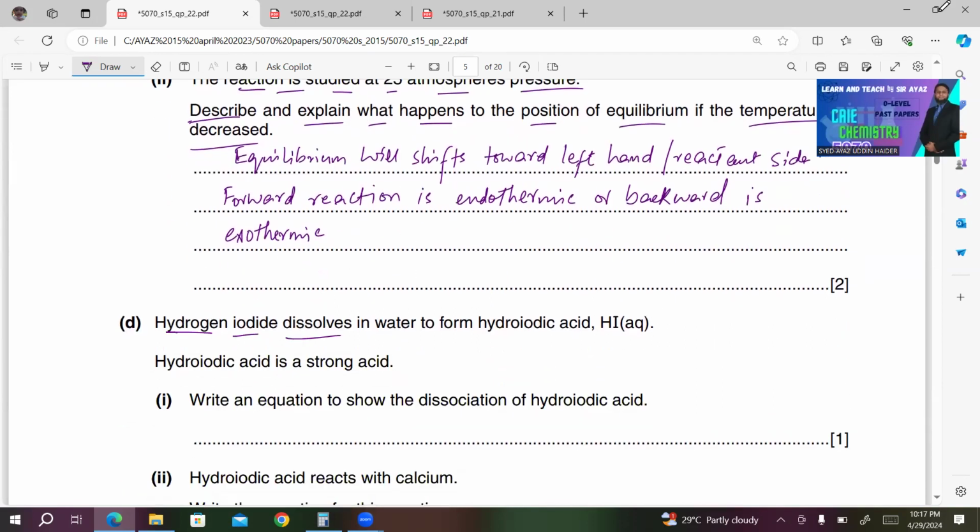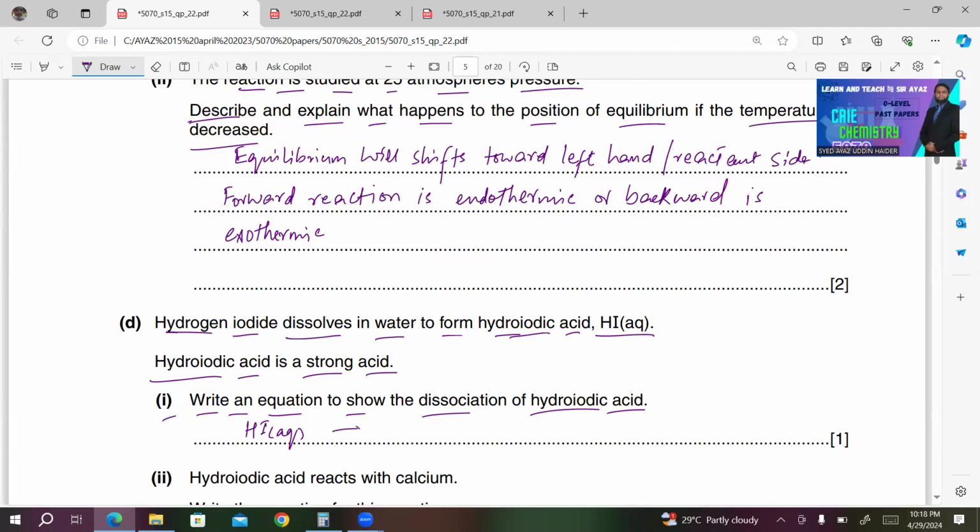Hydrogen iodide dissolves in water to form hydroiodic acid, HI(aq). Hydroiodic acid is a strong acid. Number one, write an equation to show the dissociation of hydroiodic acid. So the formula for HI is given, HI aqueous, and they are asking you to show the dissociation.